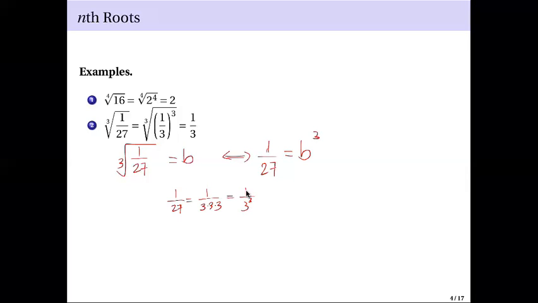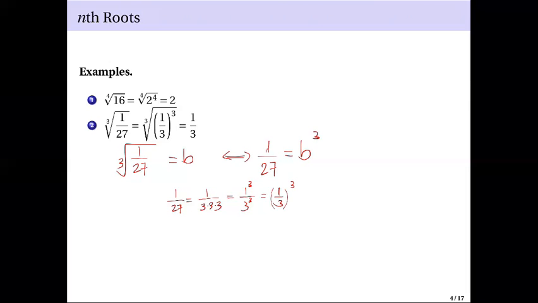But the numerator here is 1, and any power of 1 will still give you 1. So we can just put 1 raised to power 3. And therefore, this is equal to 1 over 3 to the power 3. And that's what you see in here. Cube root of 1 over 3 cube.